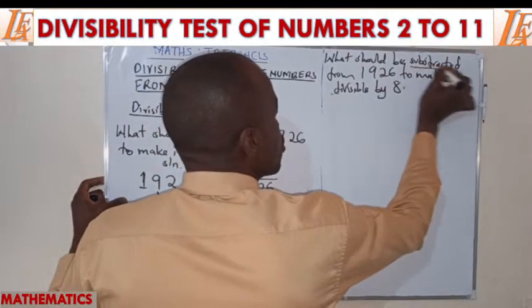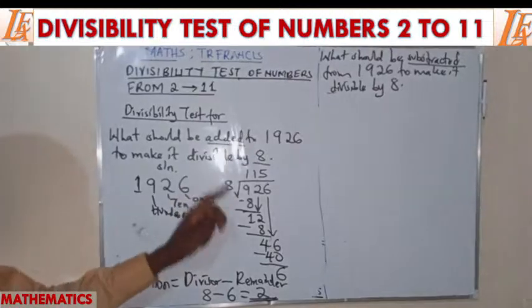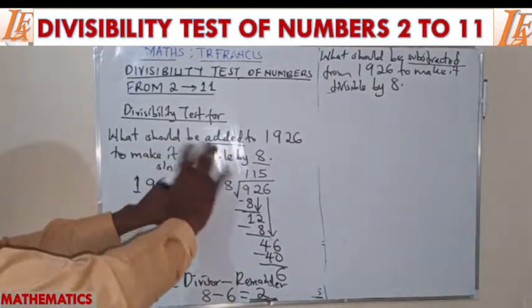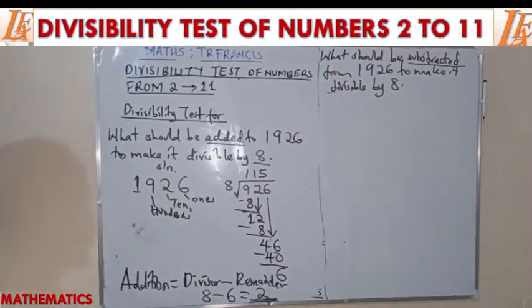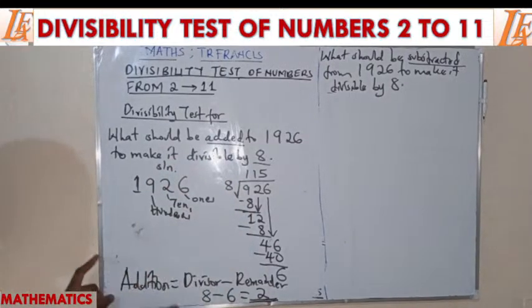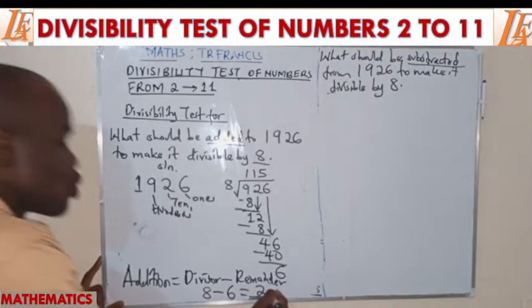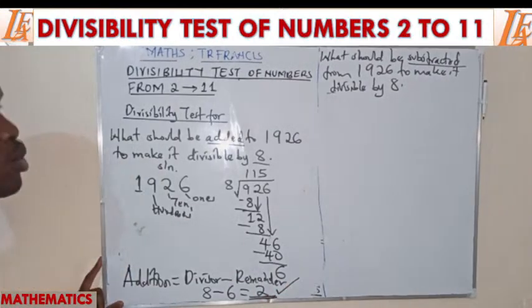So we are looking at what should be subtracted, versus what should be added. For addition, this applies to all divisibility tests, whether it be 2, 4, 9, or whichever number. You take the divisor minus the remainder, and you find the answer. So what should be added in this case is 2.